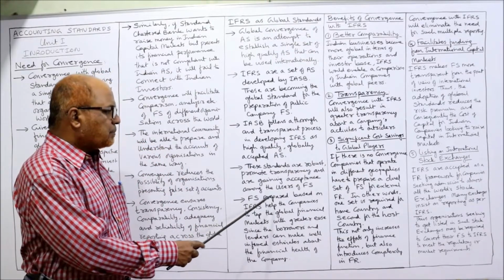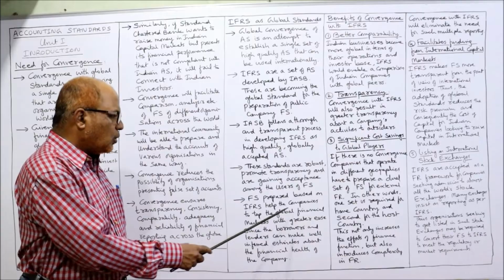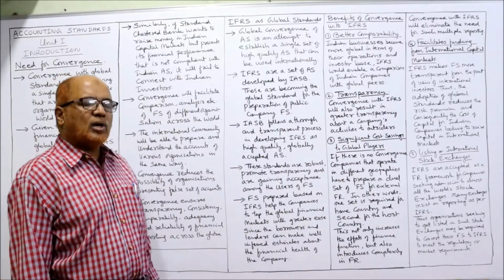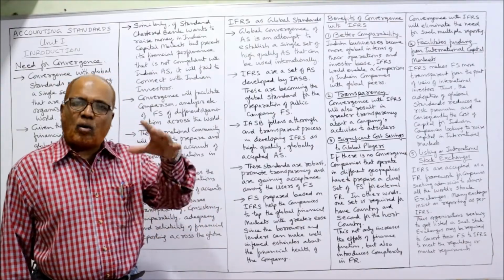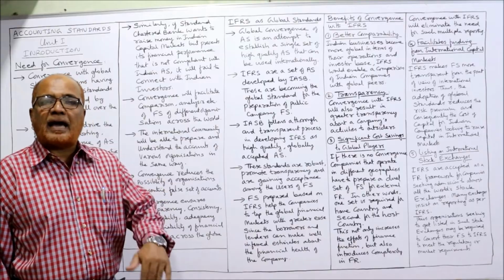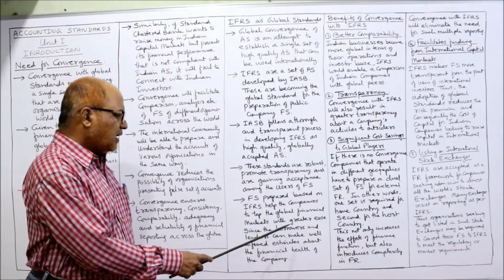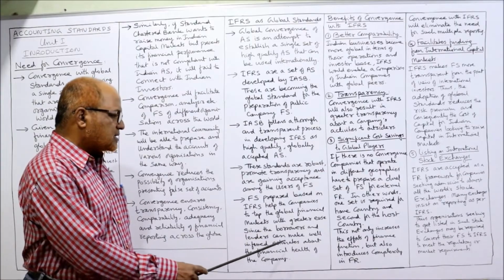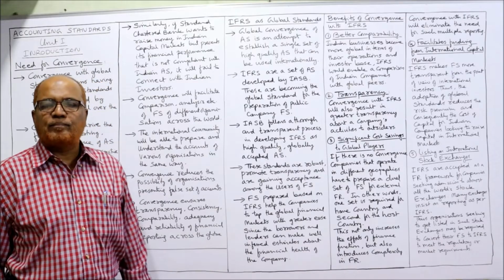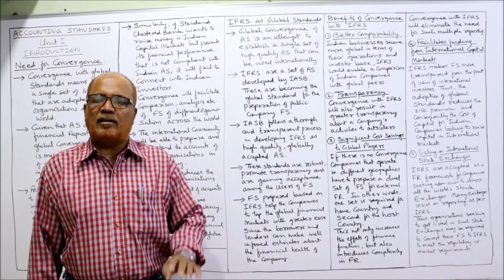Now, financial statements prepared based on IFRS help companies to tap the global financial markets. So, if any financial statements are prepared according to IFRS, then what will happen? They will be globally accepted by all the financial markets, and with greater ease, since the borrowers and lenders can make well-informed estimates. There are two types of persons in the financial market, borrowers and lenders.